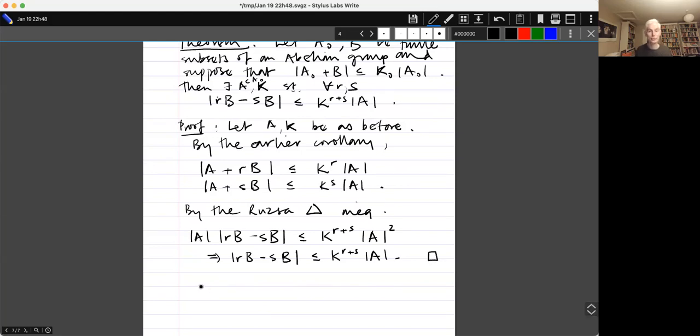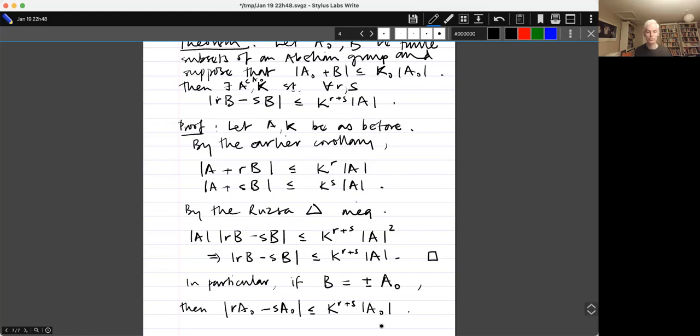And just to see how we get the original Plünnecke inequality out of that, in particular, if B equals plus or minus A naught, then we get that, let's write it as RA naught minus SA naught, because if I replace A naught by minus A naught, I'll get the same size of set here, so it doesn't make much difference, is less than or equal to K to the R plus S times the size of A, but A was a subset of A naught, so we get K to the R plus S times A naught.